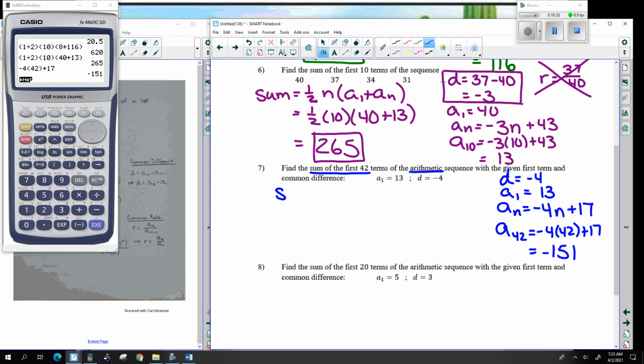Okay, so to find the sum, I need to take 1/2 n, first number plus last number. So that's 1/2 of 42 terms, first number plus last number, so it's plus -151, or aka minus 151.